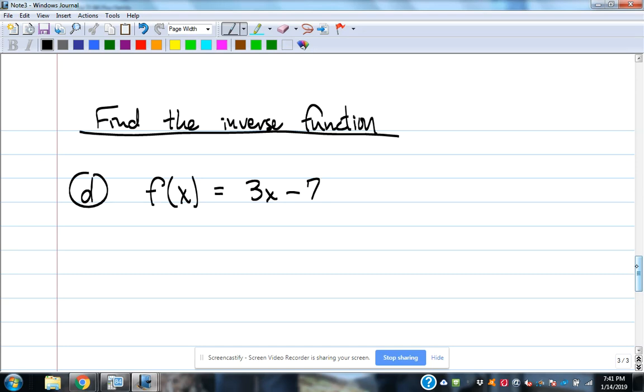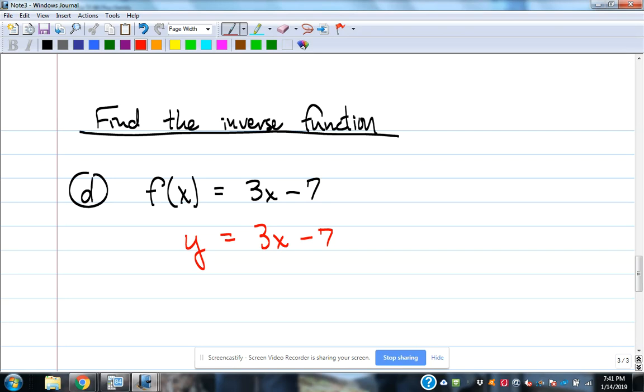Here's x. F of x is the same thing as what? It's the same thing as y. If you go back to early on in math, talking about functions, y and f of x are the exact same thing. Okay? An inverse swaps x and y, or swaps the domain and range.